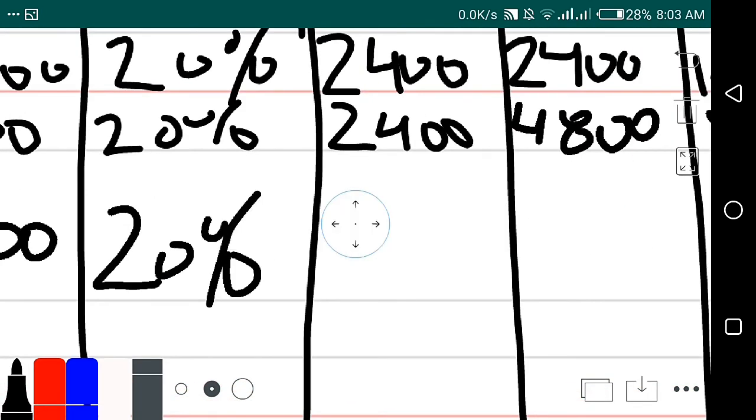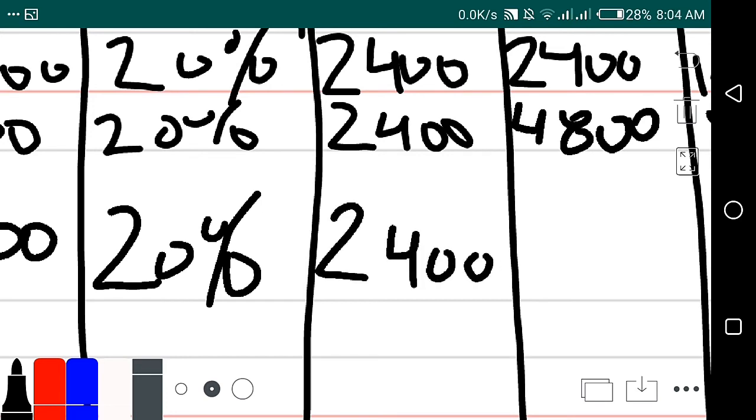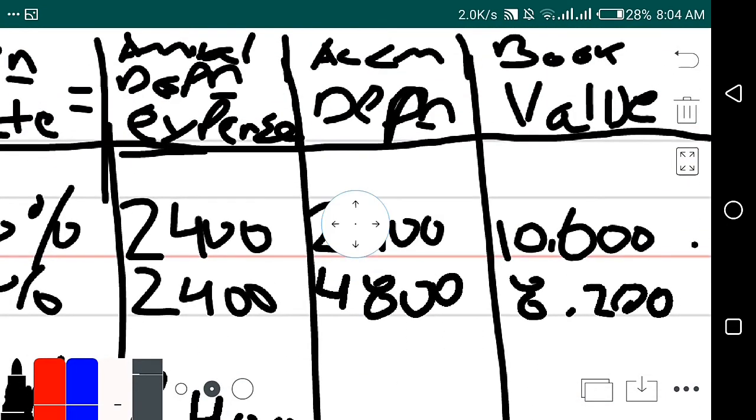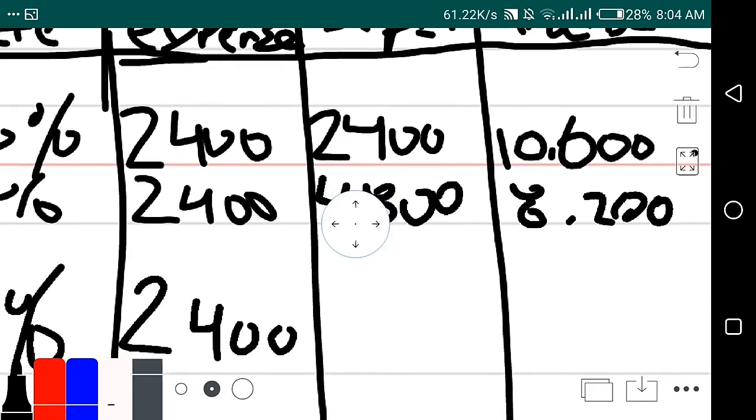And the annual depreciation expense is 2,400. So we can see that the depreciable cost, depreciation rate, and annual depreciation expense is not changed in straight line method. Remember that these three things are not changed for straight line method, but the accumulated depreciation and book value is changed each year.